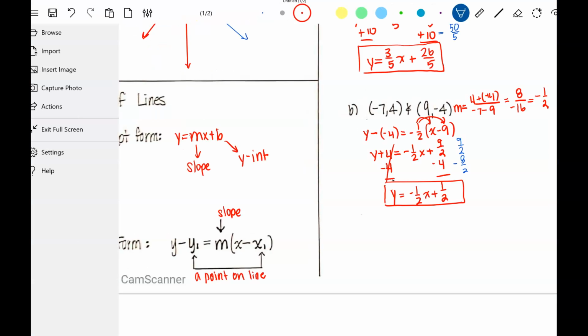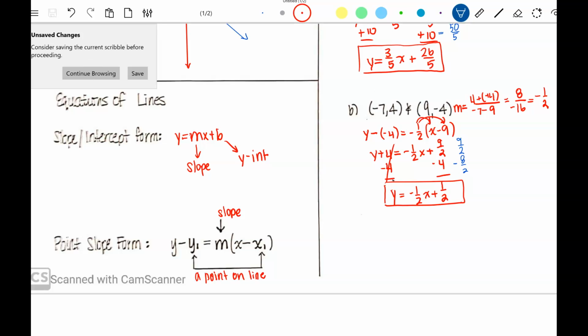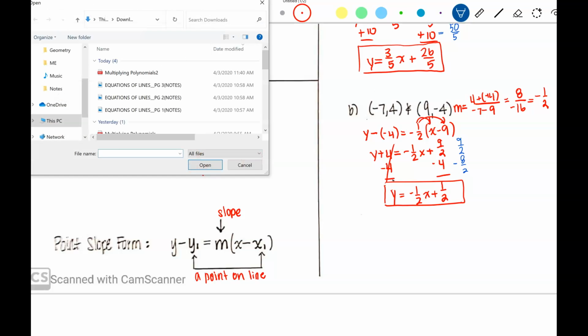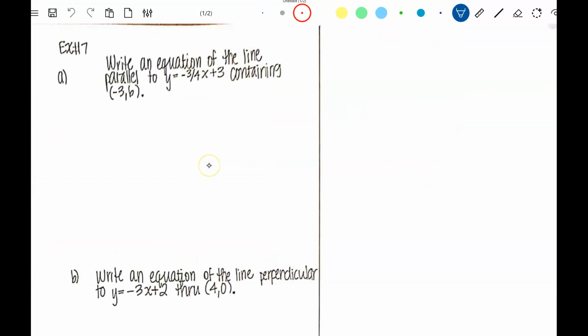Last page, just 2 more examples, or maybe even 1 more. Okay, write an equation line parallel to y equals negative 3/4 x plus 3 containing that point. Since it's a parallel line, it's going to have the same slope.